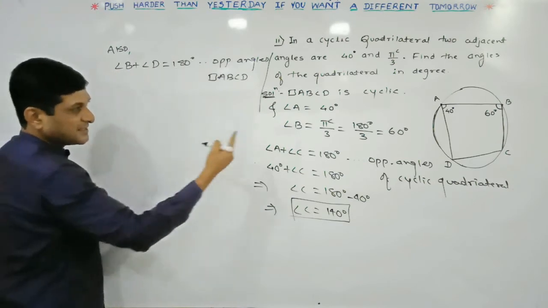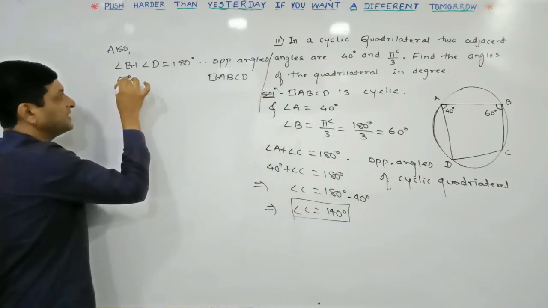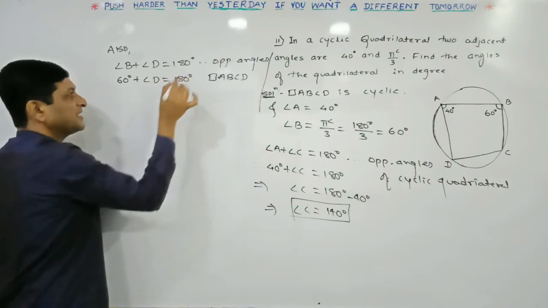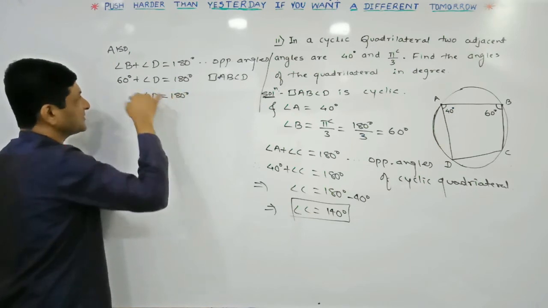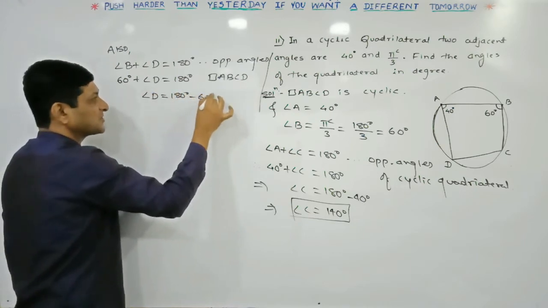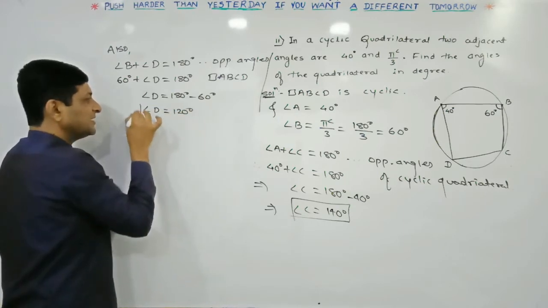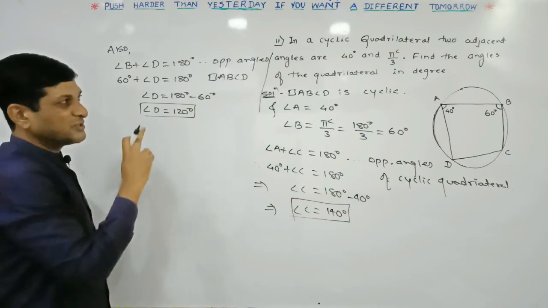Angle B we are replacing by its value. What is the measure of angle B? 60 degrees plus angle D, on the right hand side 180 degrees. Angle D is equal to 180 degrees minus 60 degrees. So angle D is equal to 120 degrees. In this way we have got the fourth angle of this quadrilateral.